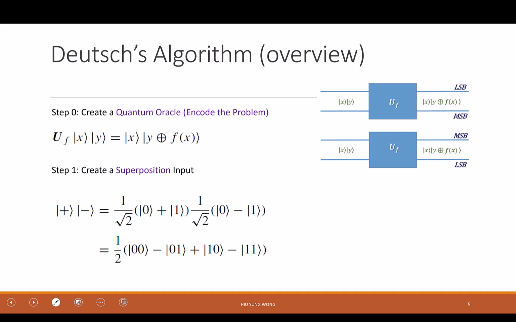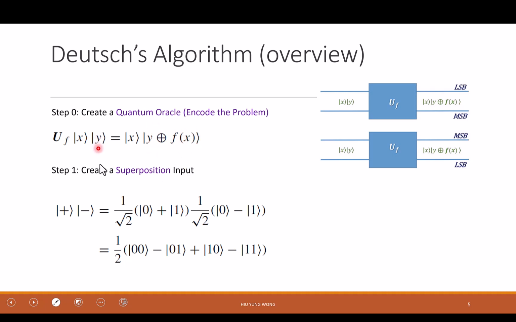And this gate has this property. It takes two inputs, in this case two qubits, x and y. And its output is going to be x and y exclusive-or f of x. What does it mean, this y exclusive-or f of x?